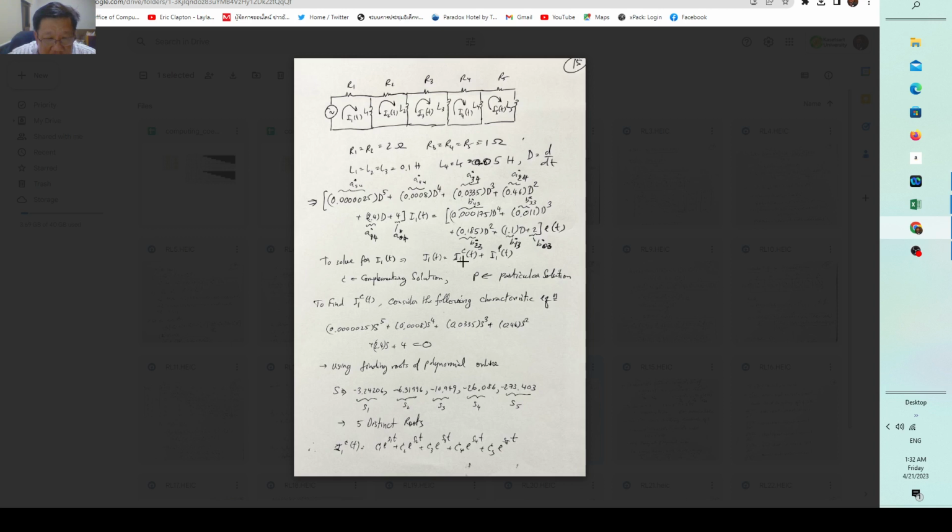Because I sub 1 sub c(t) is the response of I sub 1(t) when you have no input for the right hand side, which means when e(t) is not considered or equal to 0. So you consider what we call the characteristic, or sometimes auxiliary, equation of this polynomial, which follows the order of your differential equation.